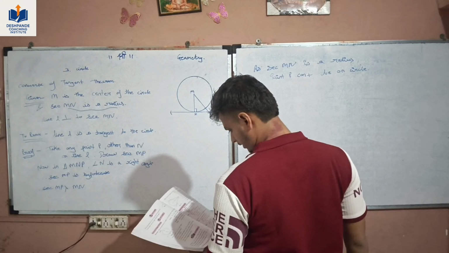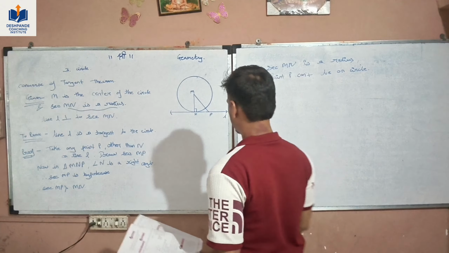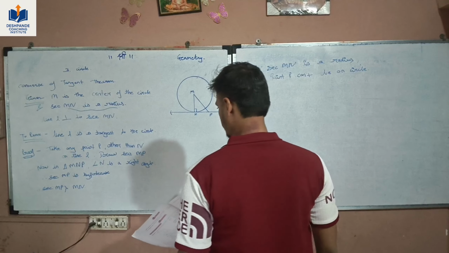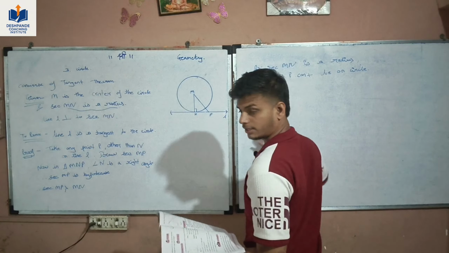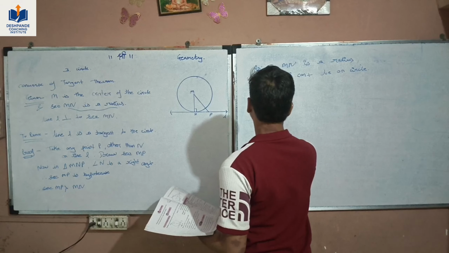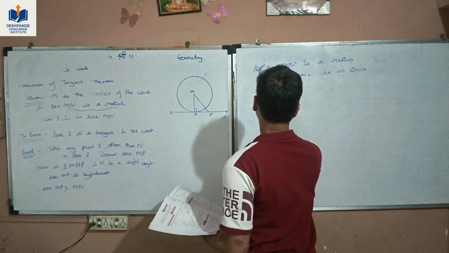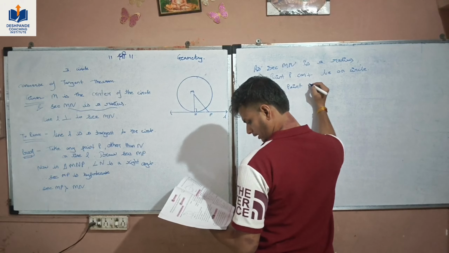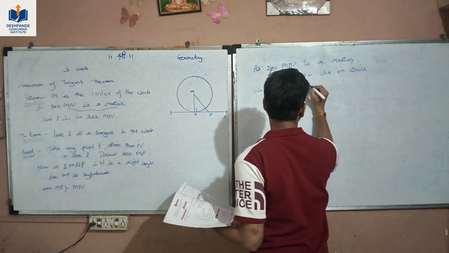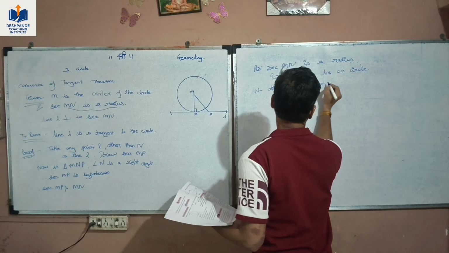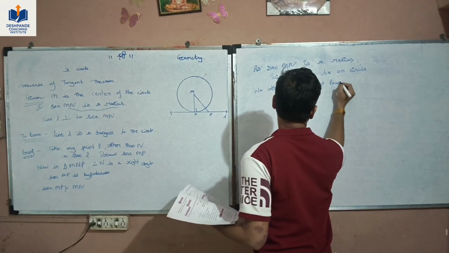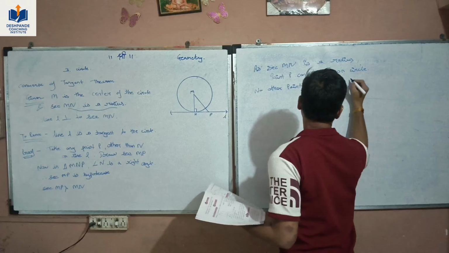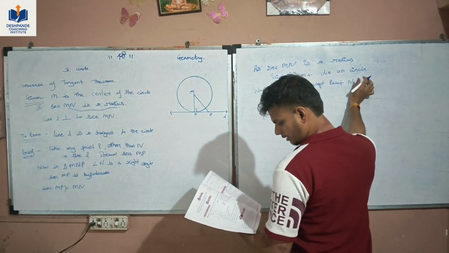No other point except point N on line L. N is a right angle point, so I have to write what I have told you. No other point other than N, no other point except point N will be on the circle.